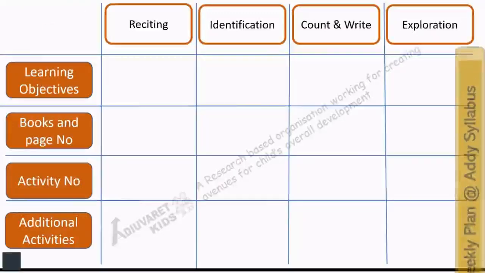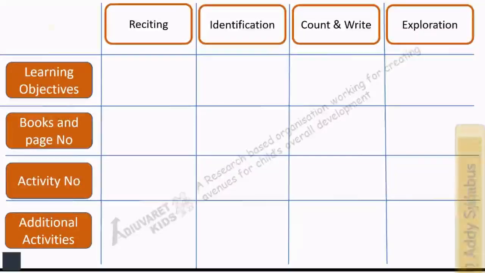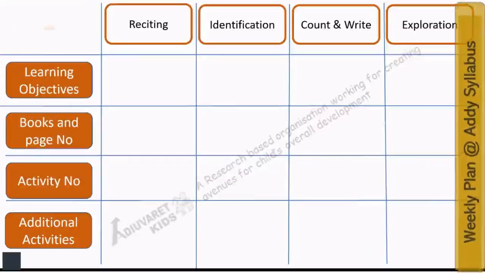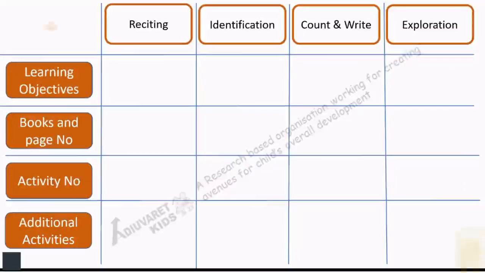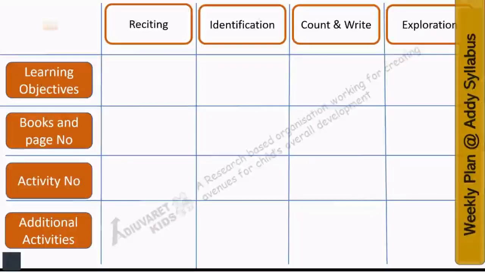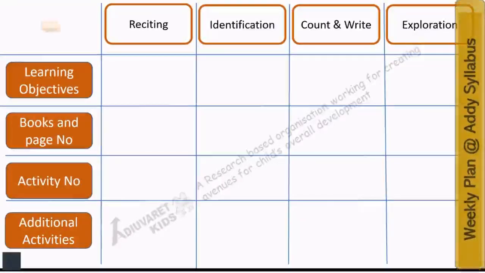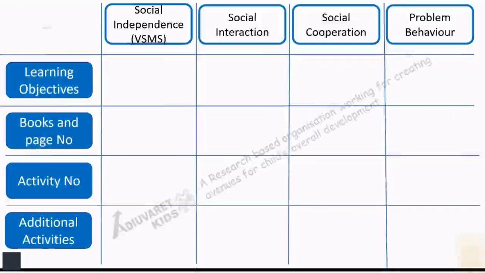Similarly, if you look at other skills like cognitive skill, it has specific skill components and specific learning objectives pertaining to each and every skill component. So it gives teachers a complete understanding of how these objectives will be fulfilled.